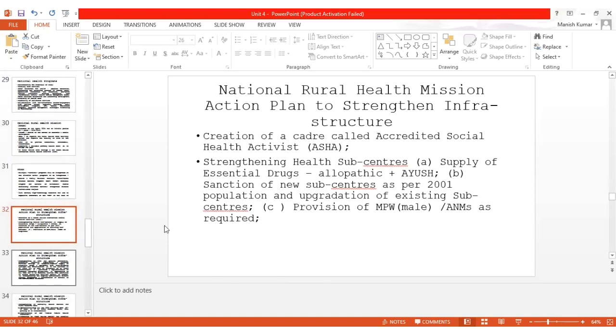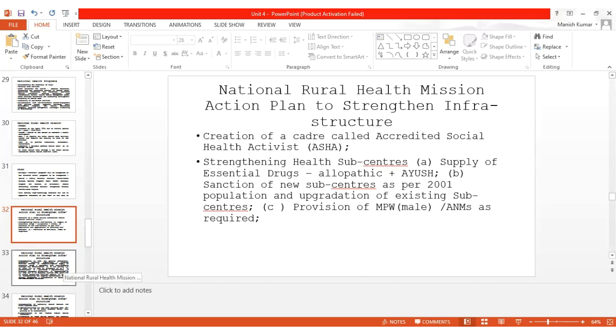As I said, NRHM is the one which talks about having a cadre called ASHA, then strengthening of health sub centers, supply of essential drugs, allopathy as well as AYUSH, sanction of new sub centers as per 2001 population, and provision of multi-purpose workers or ANMs.